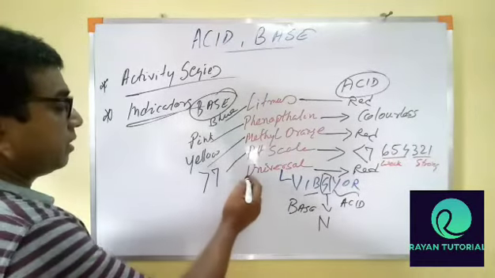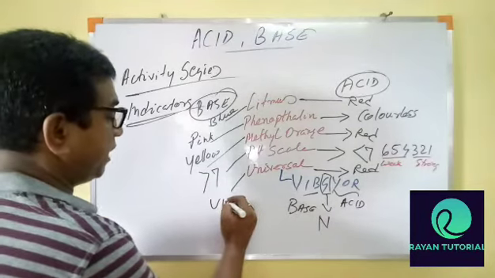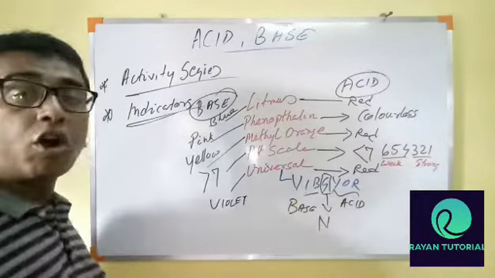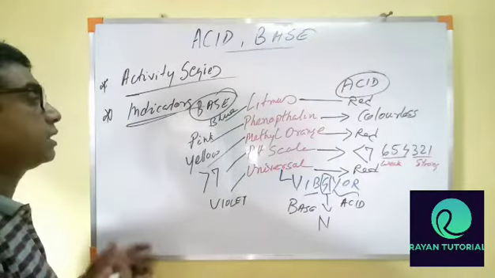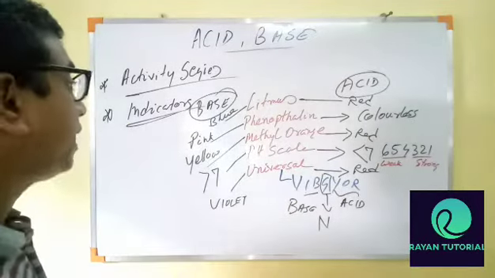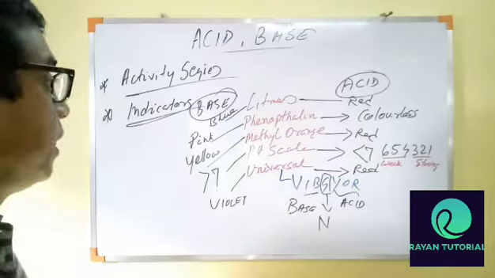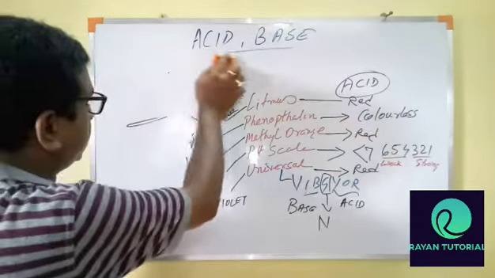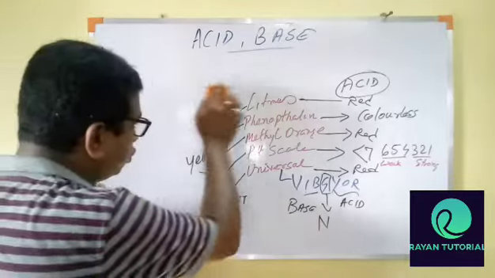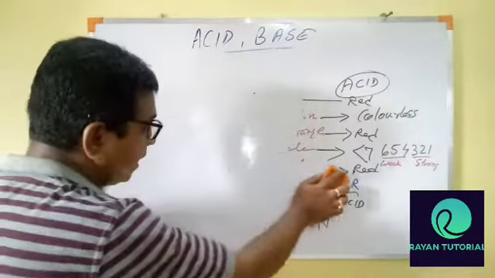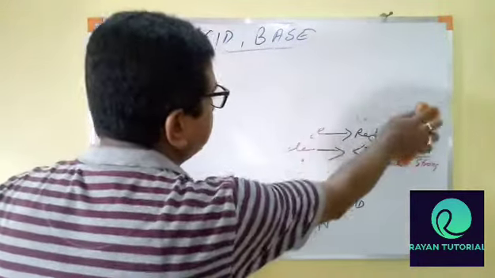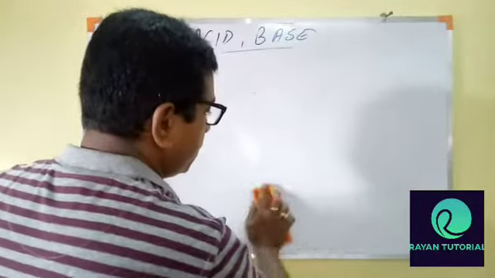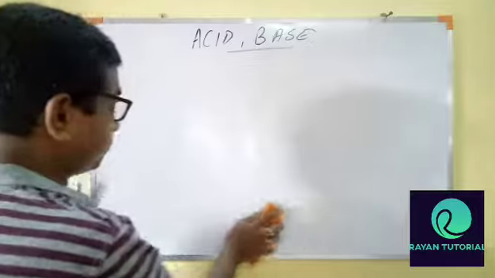And universal is violet, but even if it is indigo or blue, you can call the chemical a base. Clear everybody? So again let me remind you, don't forget to memorize the activity series. Clear? The activity table.